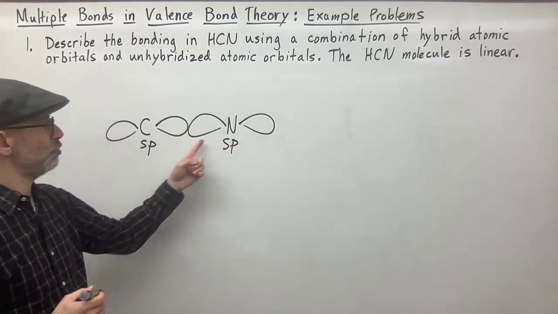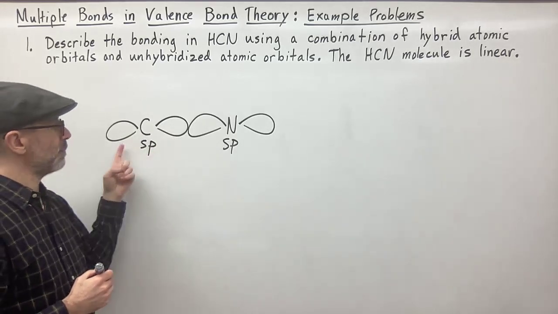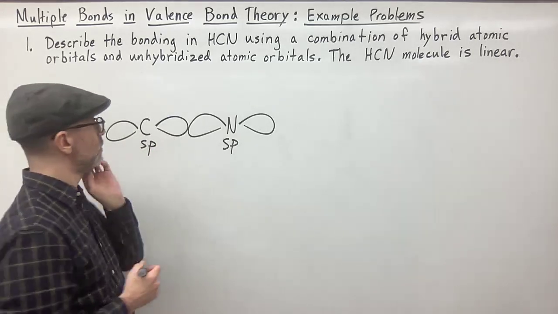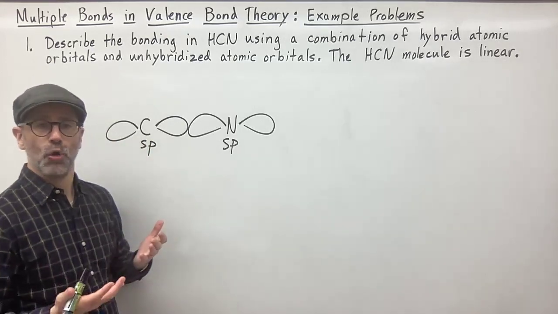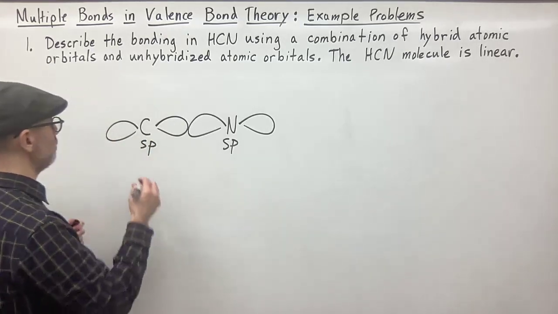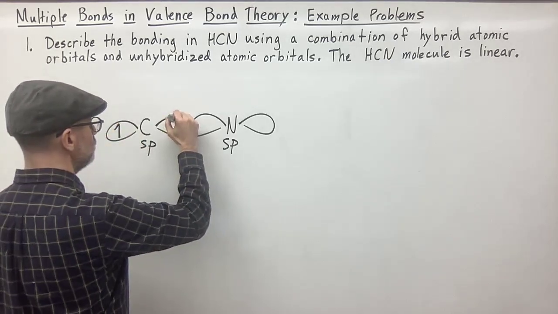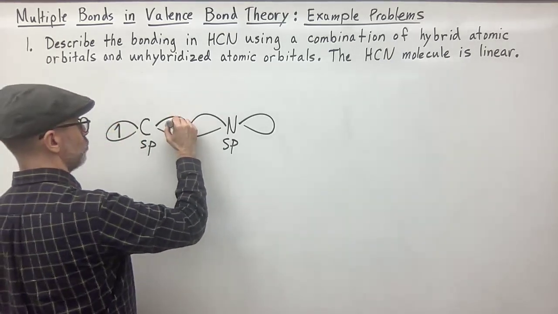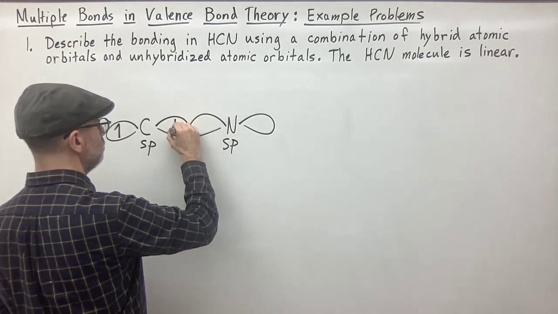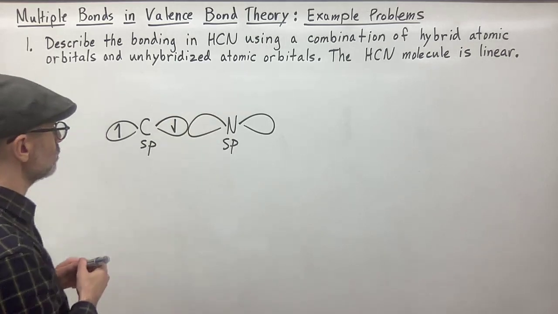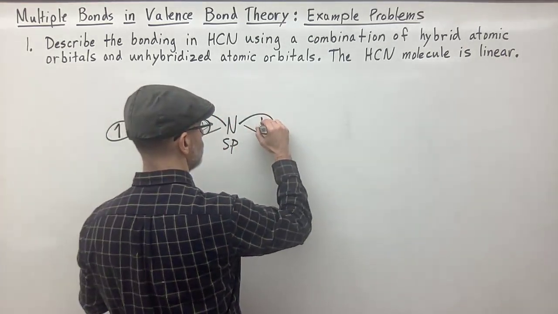So there's two sp hybrid orbitals here, there's two sp hybrid orbitals there, and each of these hybrid orbitals is going to have one electron in it. So we'll have spin up, and then this one would be maybe spin up or spin down. We'll do spin down. This one will do spin up, and this one will do spin down.